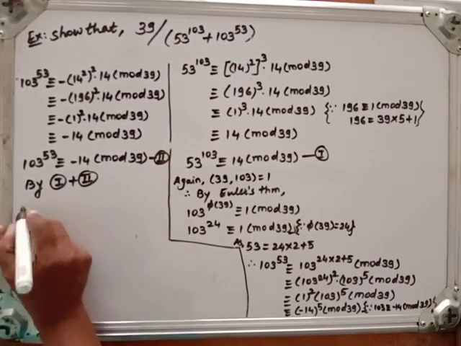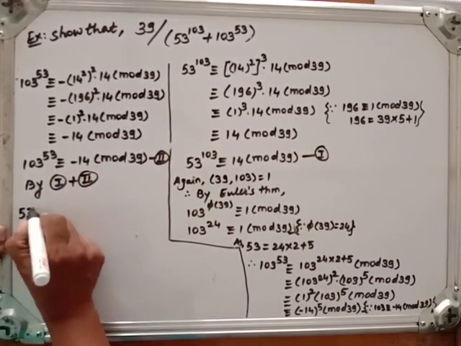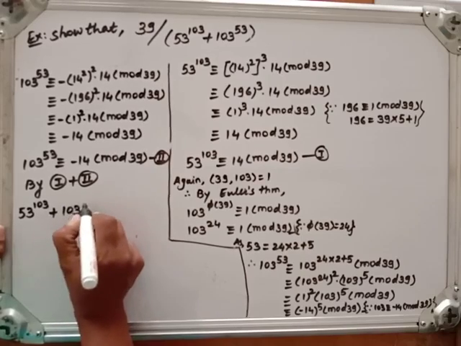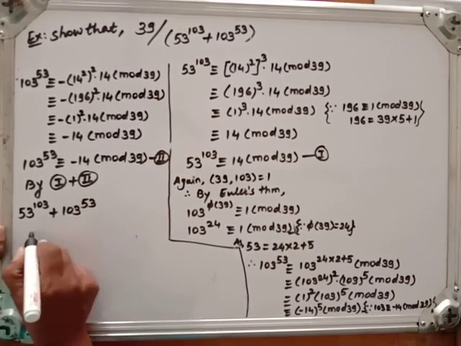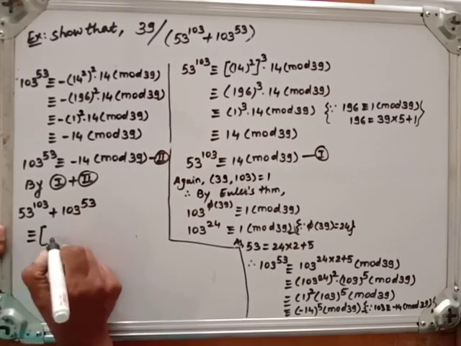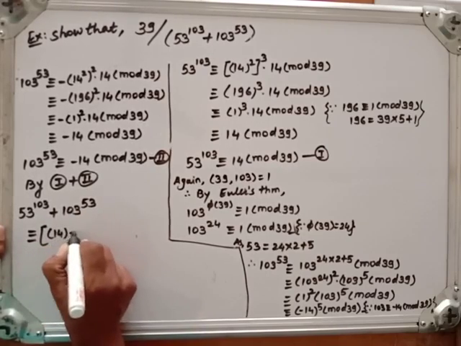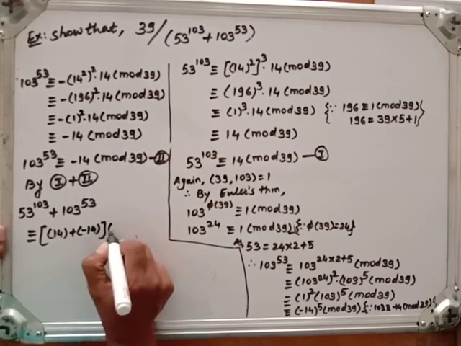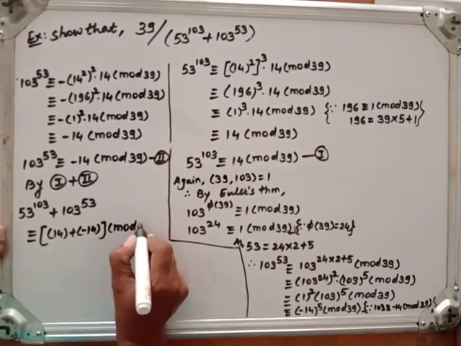What we get? 53 raised to 103 plus 103 raised to 53 is congruent to 14 plus minus 14 modulo 39.